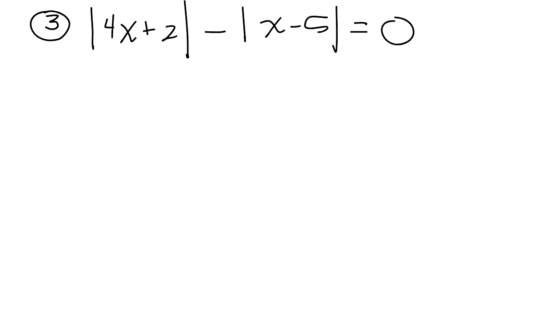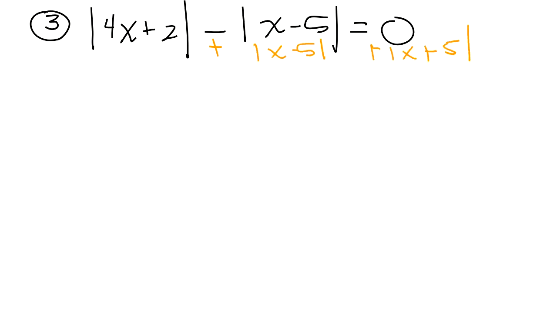In this case, we're not going to be able to isolate our absolute value altogether because there's two of them. So instead of isolating an absolute value, we're going to put one on each side. To do that, I'm going to add the second one over.